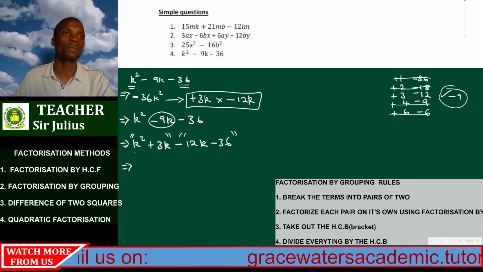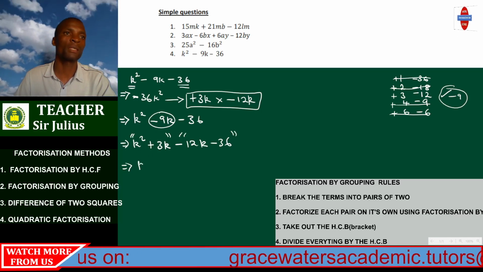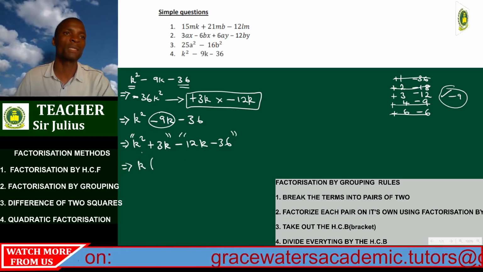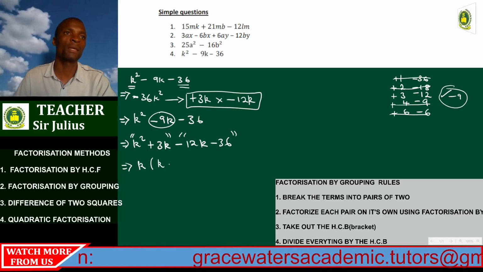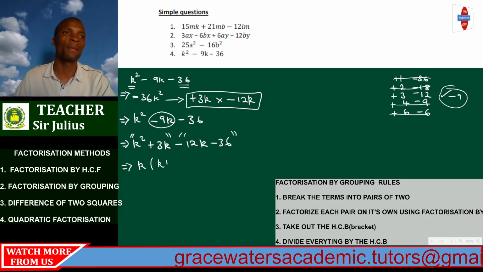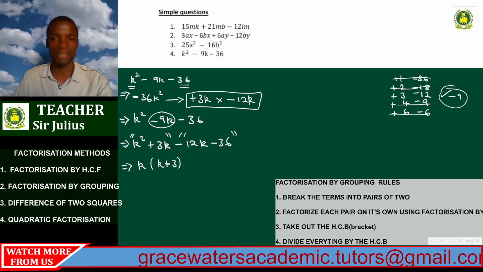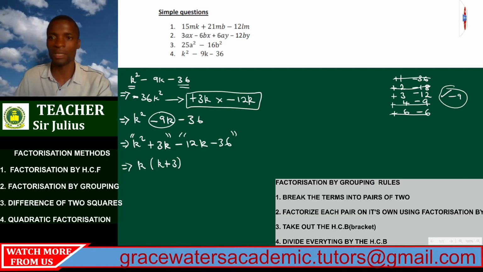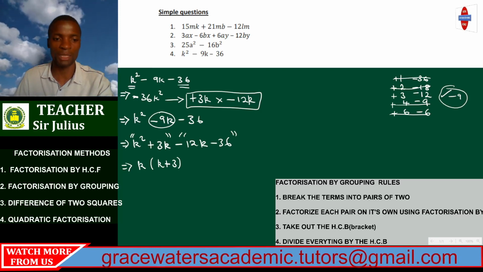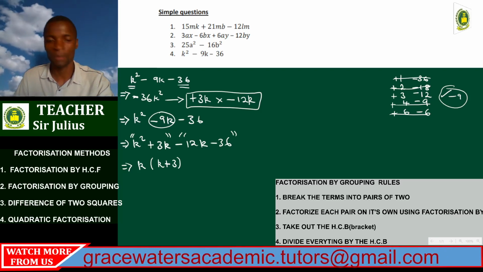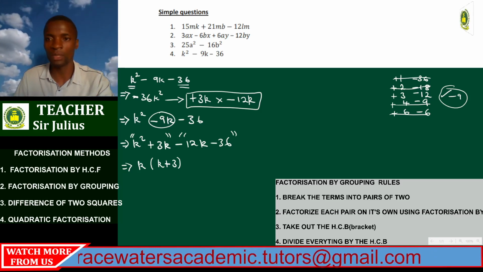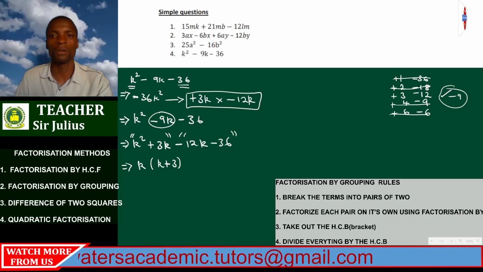Let us do that quickly. k is common, open brackets, put a k and then plus 3. I wish you could do it and continue using the rules of factorization by grouping. Okay, let's go.